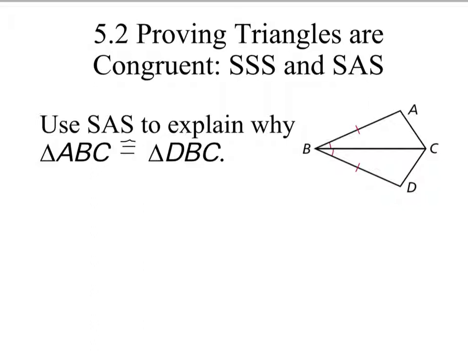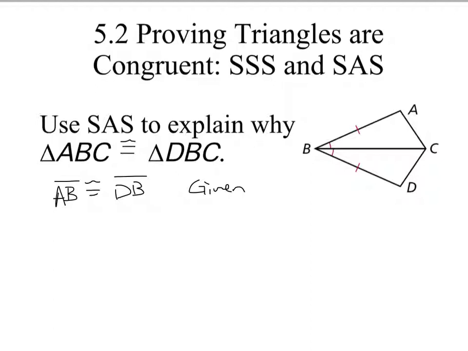So based on the given information, what do I know? Looking at that picture, I know that AB is congruent to DB. How? It's given to me. It tells me right there with those congruent tick marks.